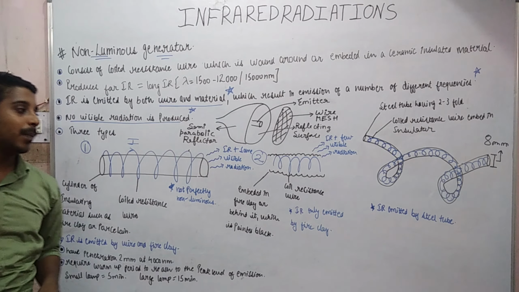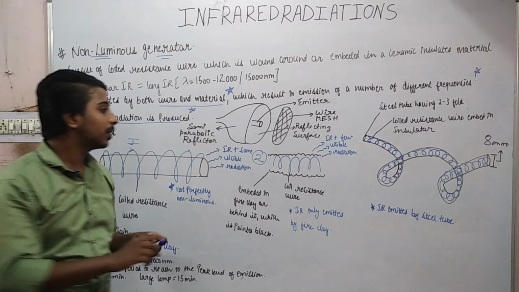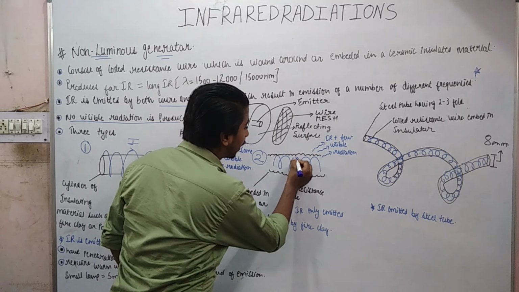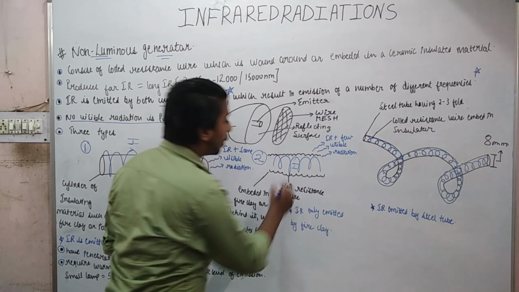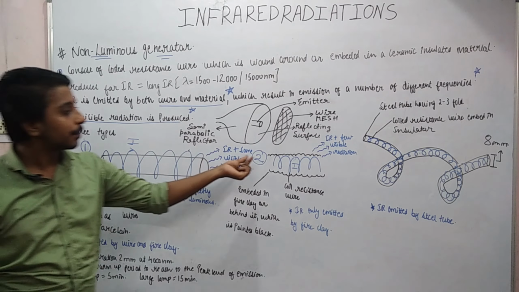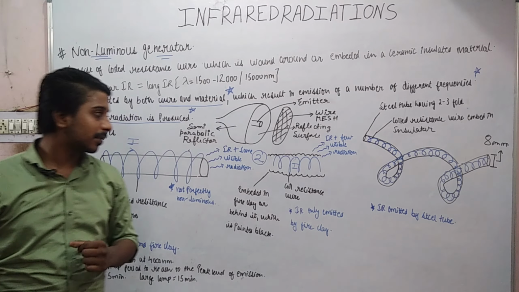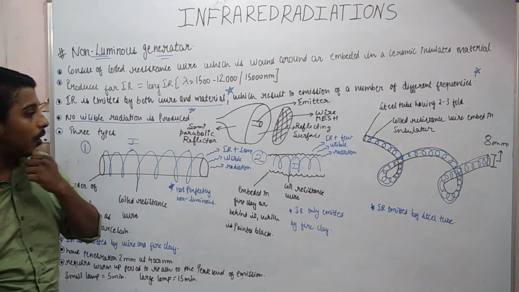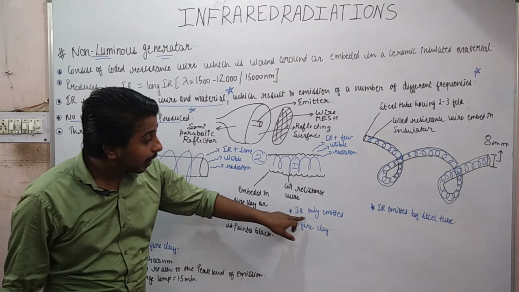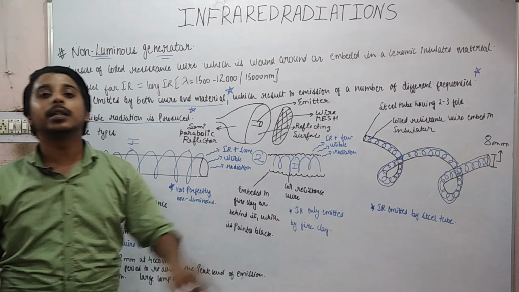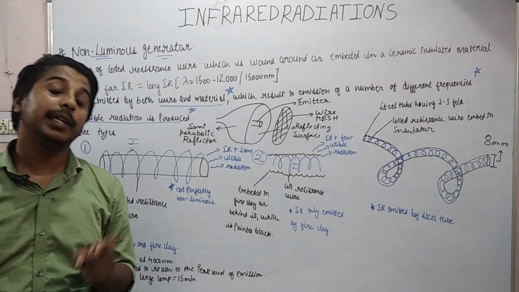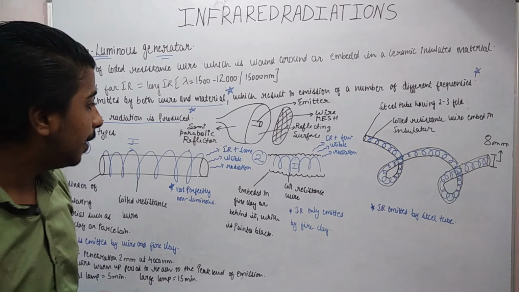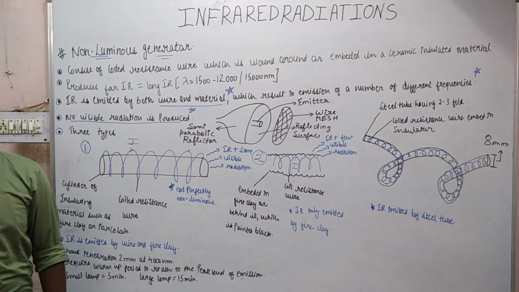Rest all is again the same. Current I is passed through the coiled resistance wire, due to which the wire is heated, and IR is emitted only by the fire clay here.